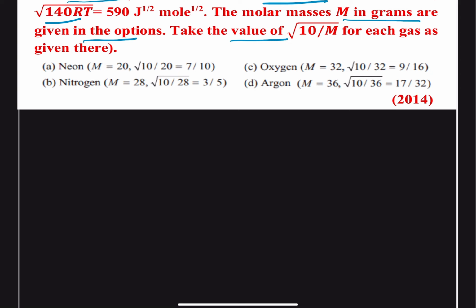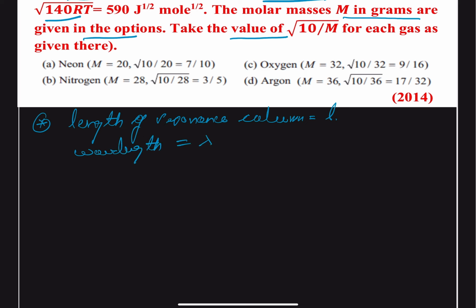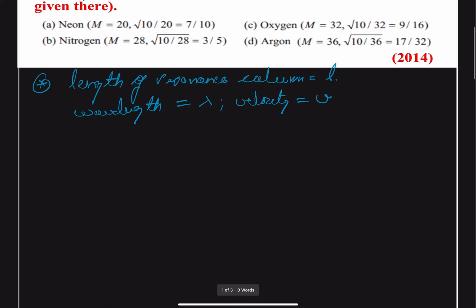So we are going to start this question by saying that let L be the length of the resonance column, and wavelength is our lambda, and velocity is v, and finally the frequency is represented as f.